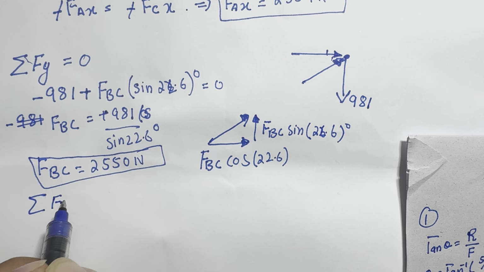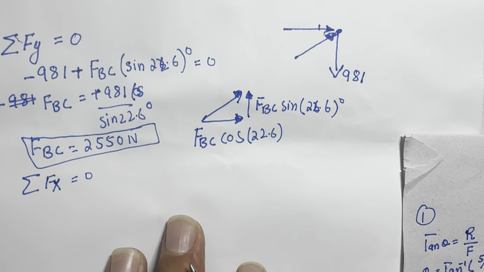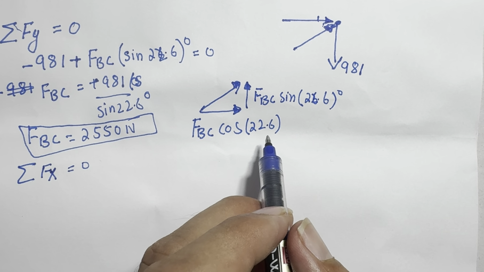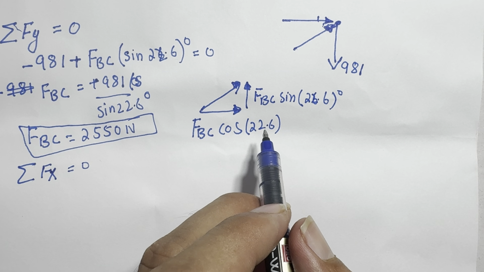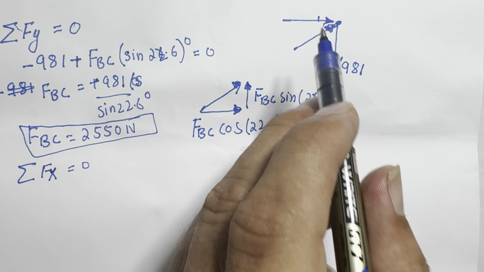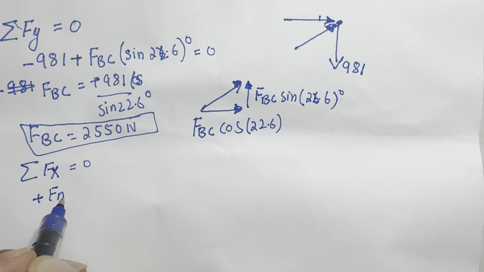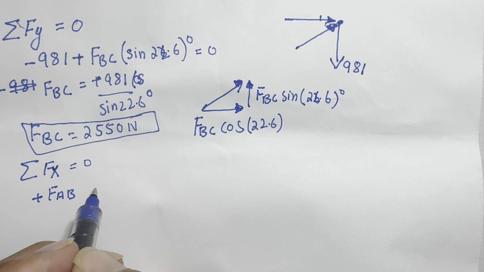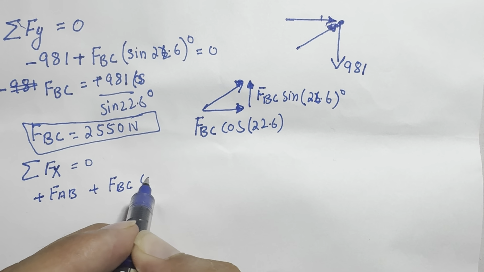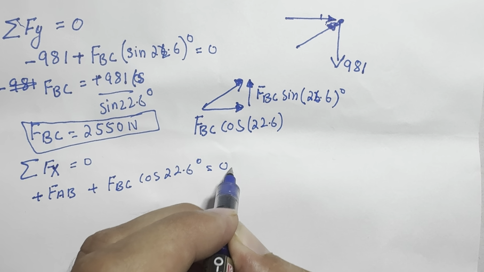Now I take the summation of all horizontal forces at joint B equal to 0. How many horizontal forces are there? One is FBC cos 22.6 degree and the other is FAB. So FAB plus FBC cos 22.6 degree equals 0.